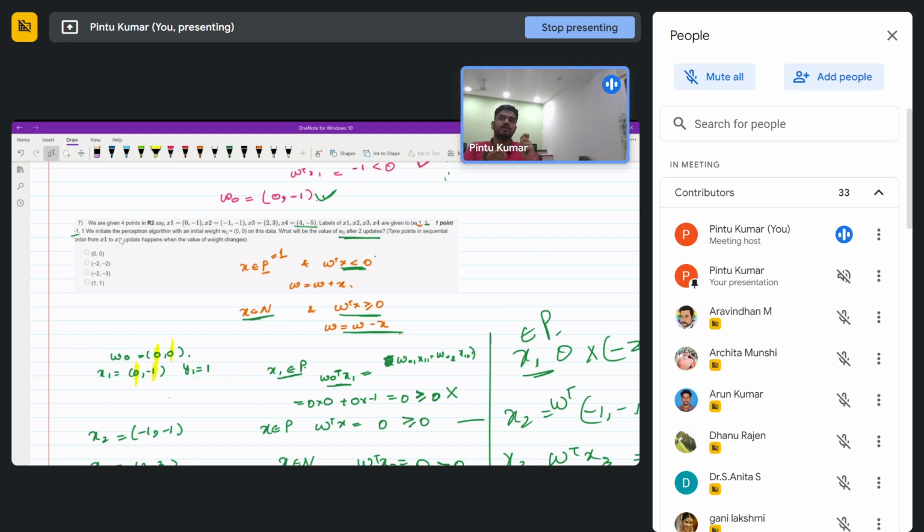In practice, it is picked randomly and then updated based on that. In this example you won't get a different result, but there can be examples where you get a different linear separator, and also a different number of steps to reach there. That is also possible.